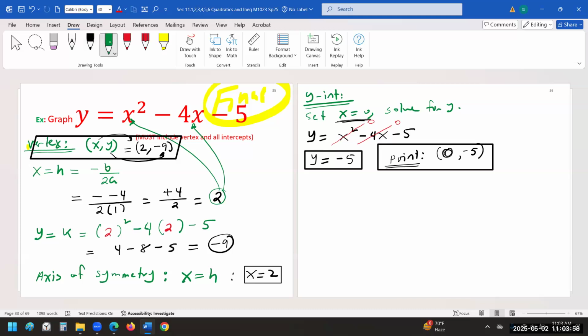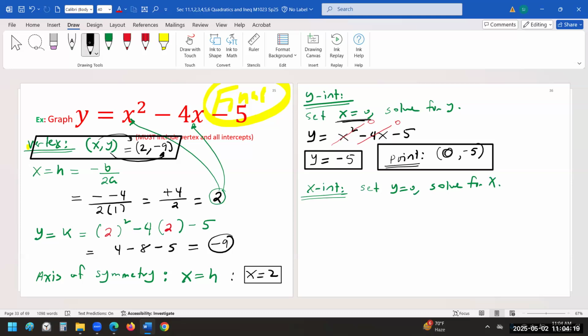And now let's go find the x-intercept. It doesn't matter which format it is. To find the x-intercept, we always set y equals 0 and we solve for x.